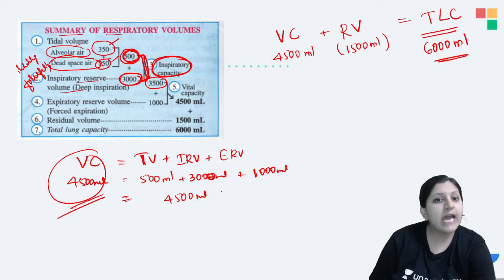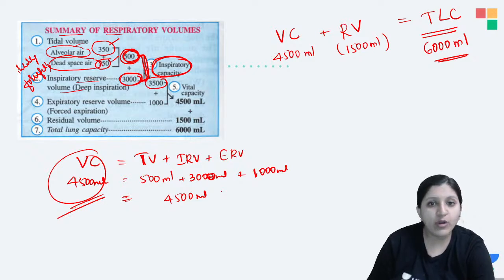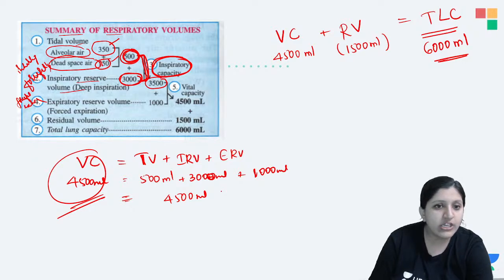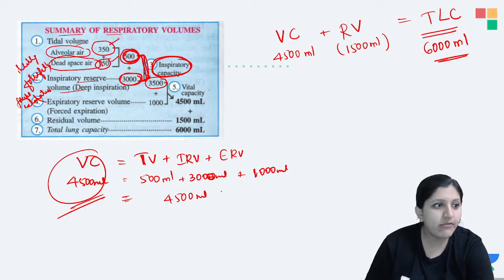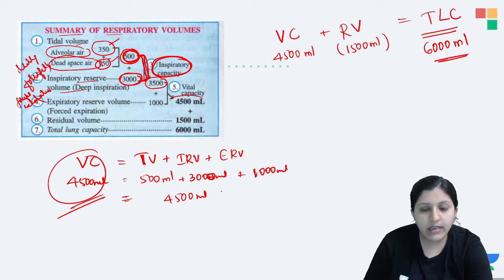Now we want to calculate the expiratory reserve volume. This particular part is the forceful exhalation. So in this case we add 1000, and that gives us 4500 ml.